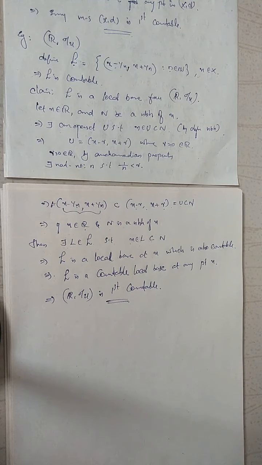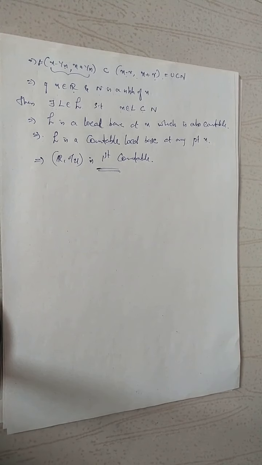Okay. Now we will see what is the relation between the first axiom of countability and the second axiom of countability. First axiom means first countability. Second axiom of countability means second countability. These are two properties of a topological space. Second countable means it has a countable base. First countable means it has a countable local base.